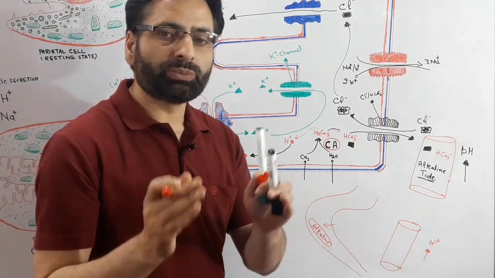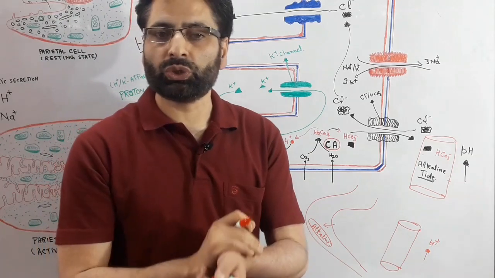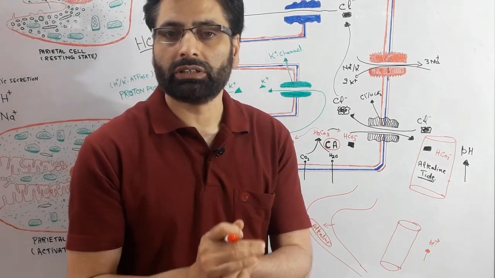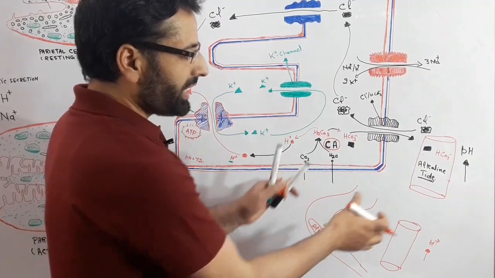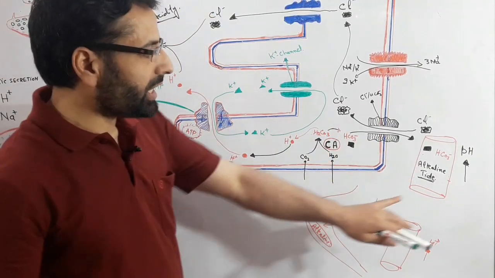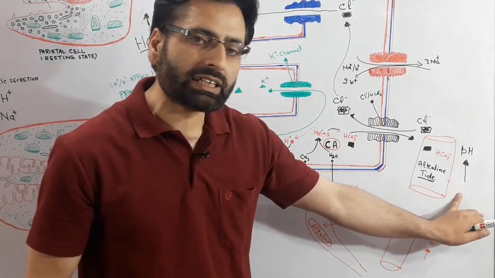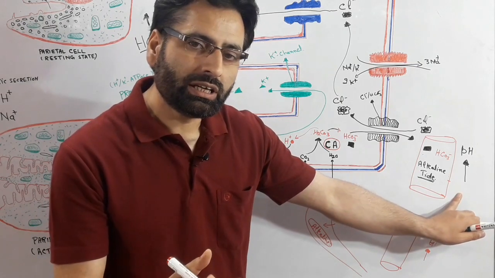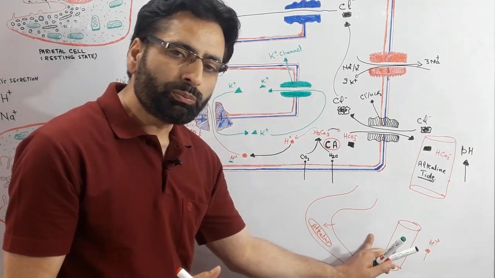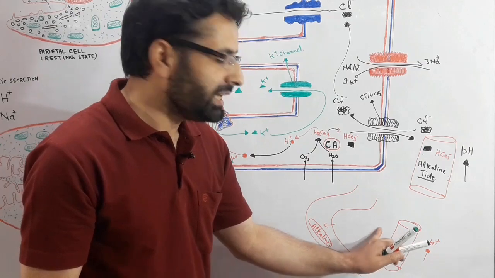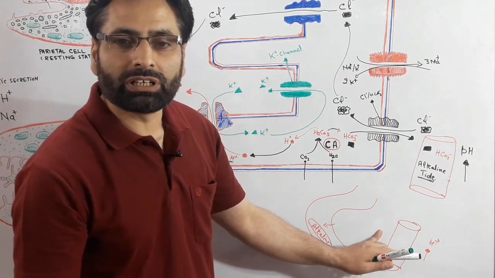simultaneously we will observe an increase in the H+ concentration in their blood. So we can say that in the stomach we have increased alkalinity of the blood, but in the duodenum portion we have increased acidity of the blood.